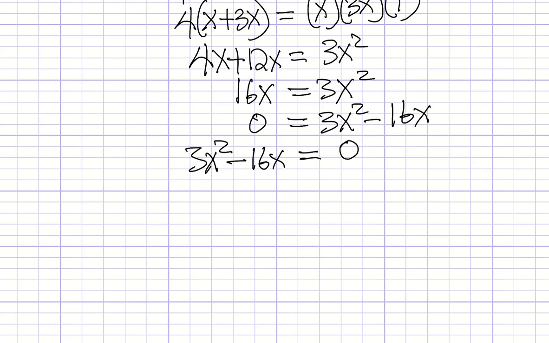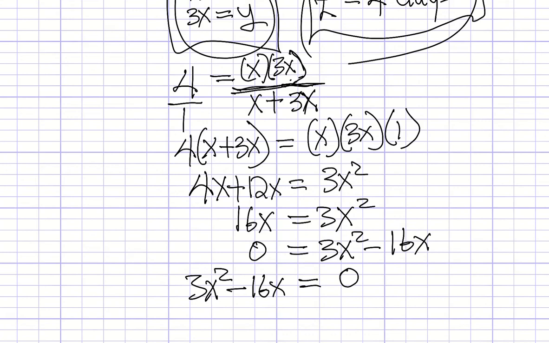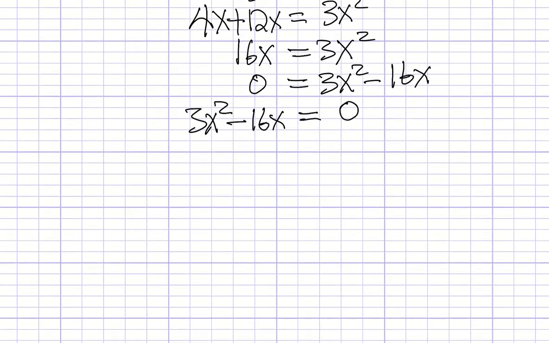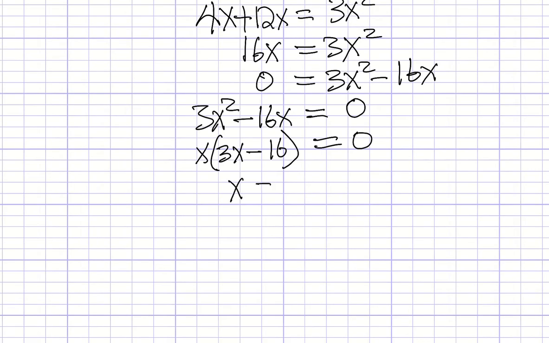So we have to solve this. We'll pull things out. What can we pull out? We can pull x out. We get x times (3x minus 16) equals 0. Notice something. So x equals 0 or 3x minus 16 equals 0.